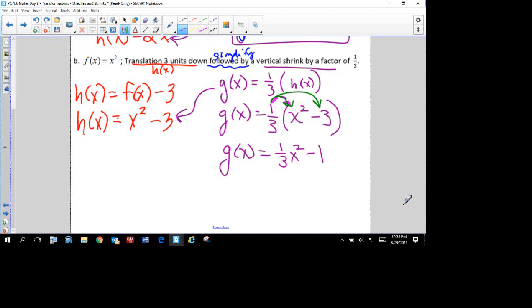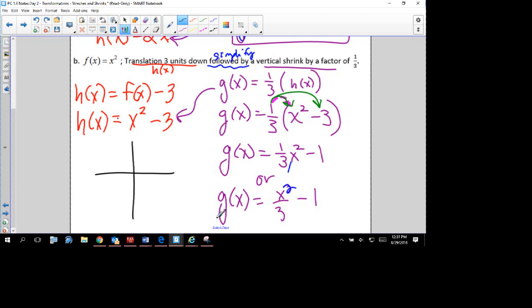But let me just show you one more. If you wrote it this way, it's fine. If you also wrote it x squared over 3 minus 1, that would be fine as well. Either of those. Okay, so you're confused why it's not 3 there anymore.